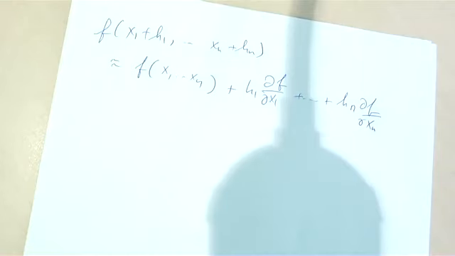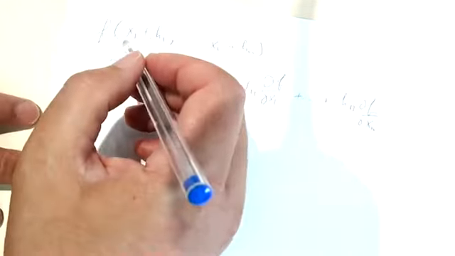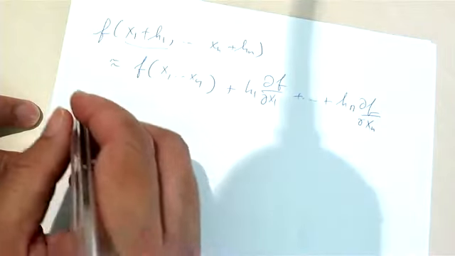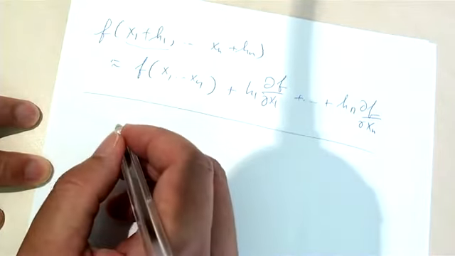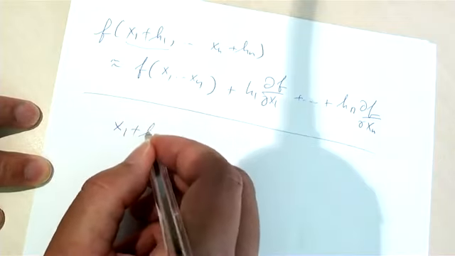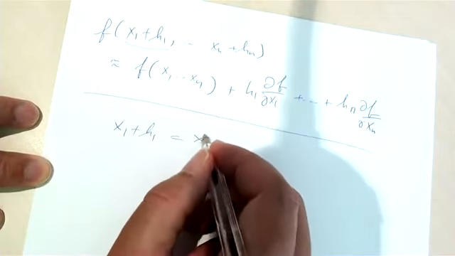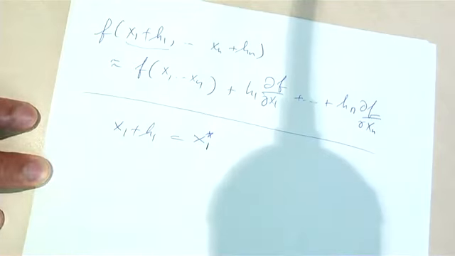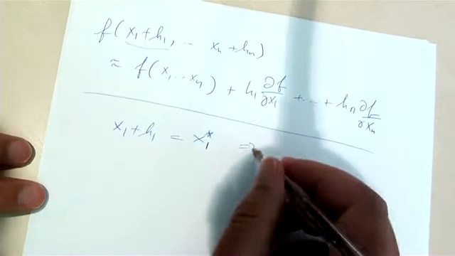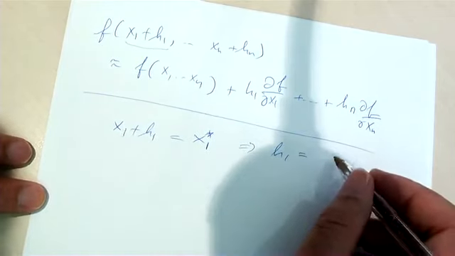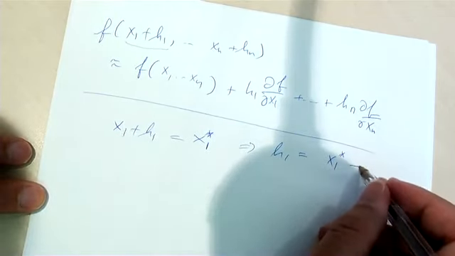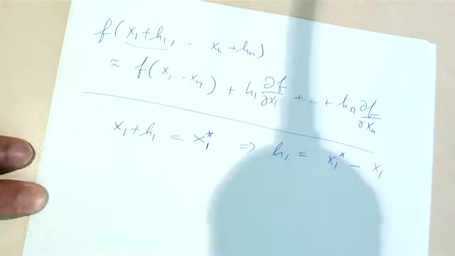So why is that? Now, if I choose this one to be my x star, this one will be x1 star. So x1 plus h1 is x star, the first component. Then what is h1? h1 will be x1 star minus x1.